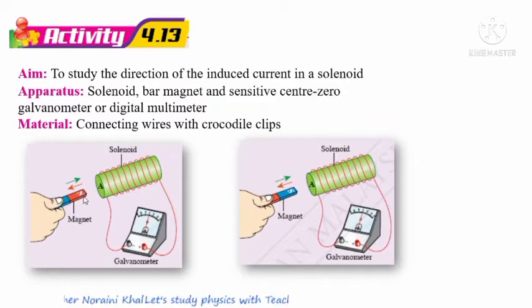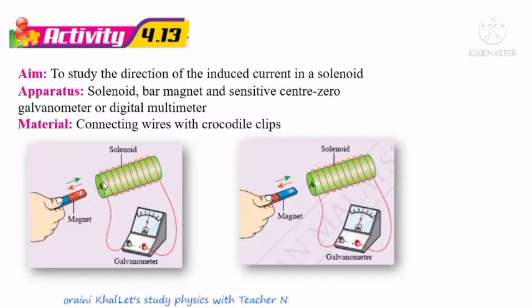So when the north pole of the magnet is moved towards NA, NA will become a north pole in order to oppose the effect. When the pole of the solenoid at NA is north, it means the direction of current flow in the solenoid is anti-clockwise.